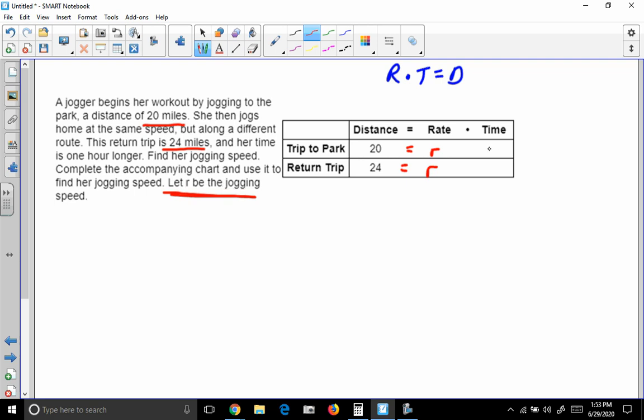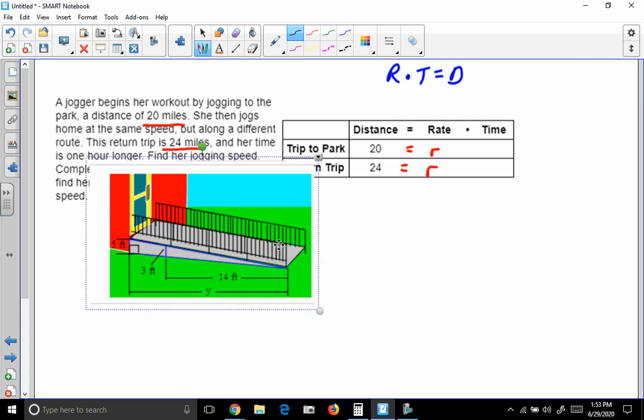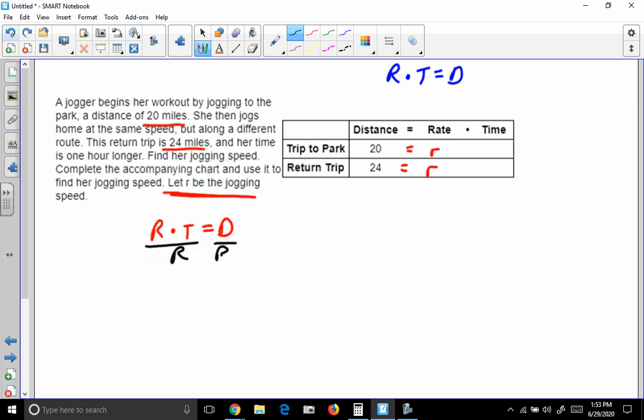Well, how is time related to distance and rate? If we take rate times time equals distance and solve this for time, we would be dividing by R, so that those R's cancel. So time is distance divided by rate.